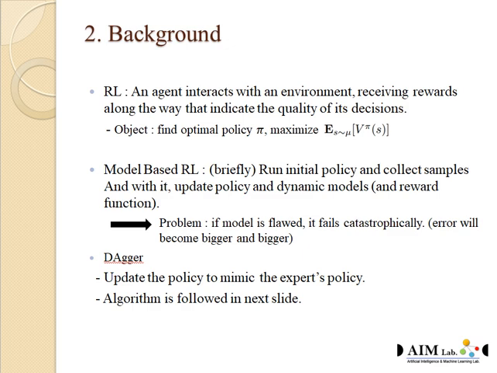Typically it can fail hugely, because the error becomes bigger and bigger step by step. DAgger is the method that updates the policy to mimic the expert policy. I will explain DAgger on the next slide.